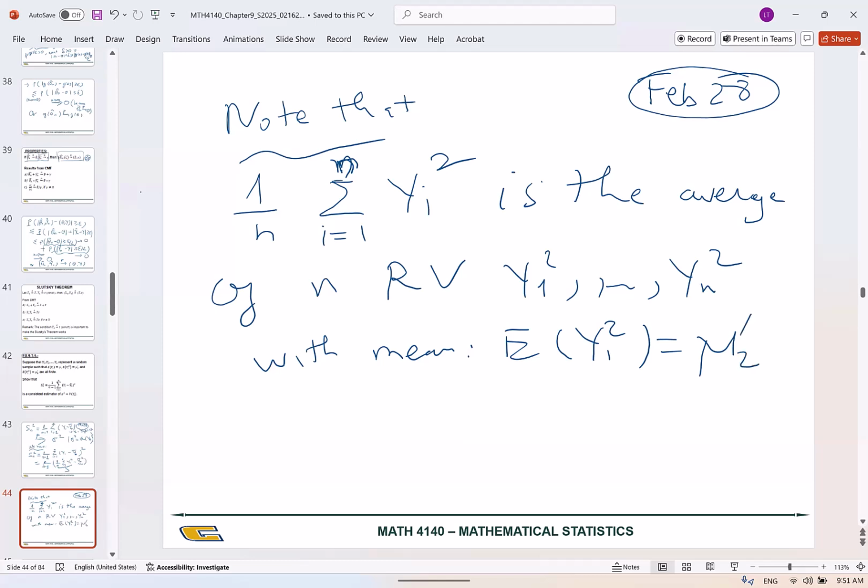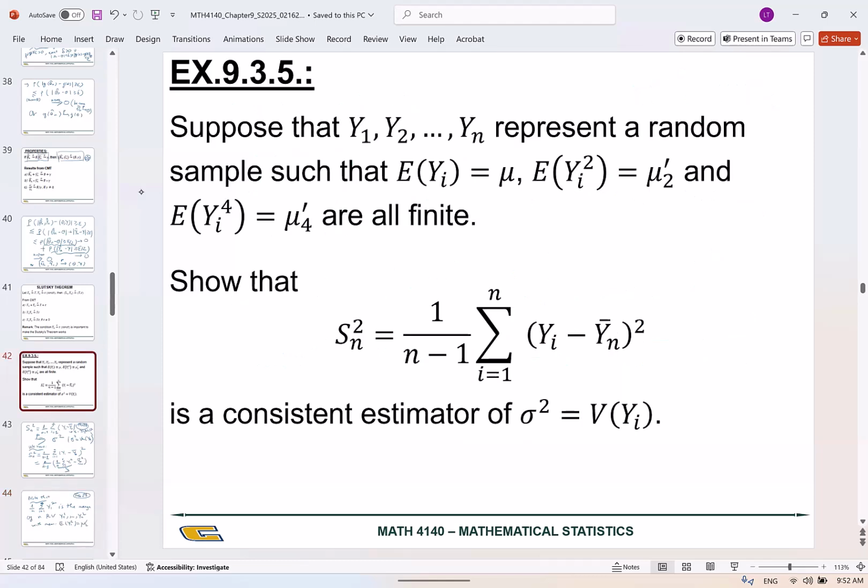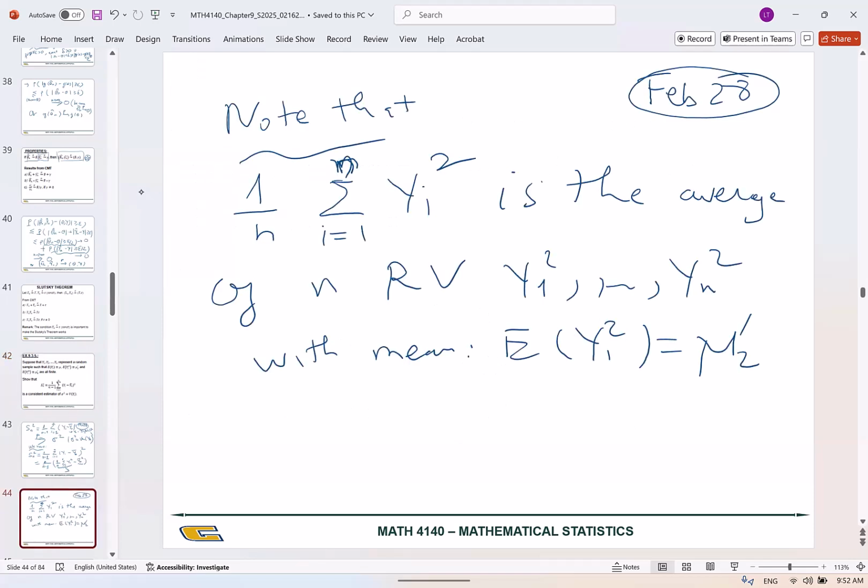We did have that here, the second moment, mu2 prime. And we also have that the variance of yi square will be mu4 prime subtract mu2 prime square, which is finite, okay.